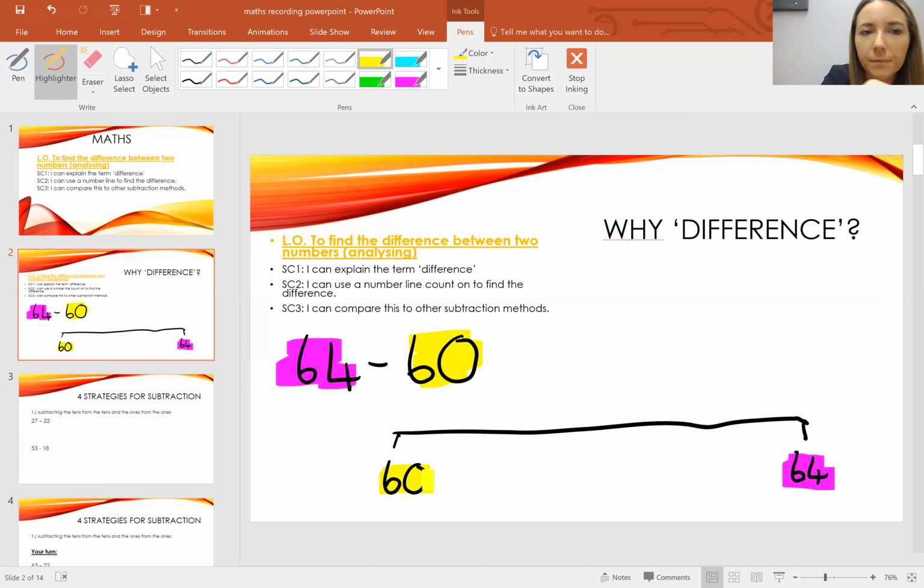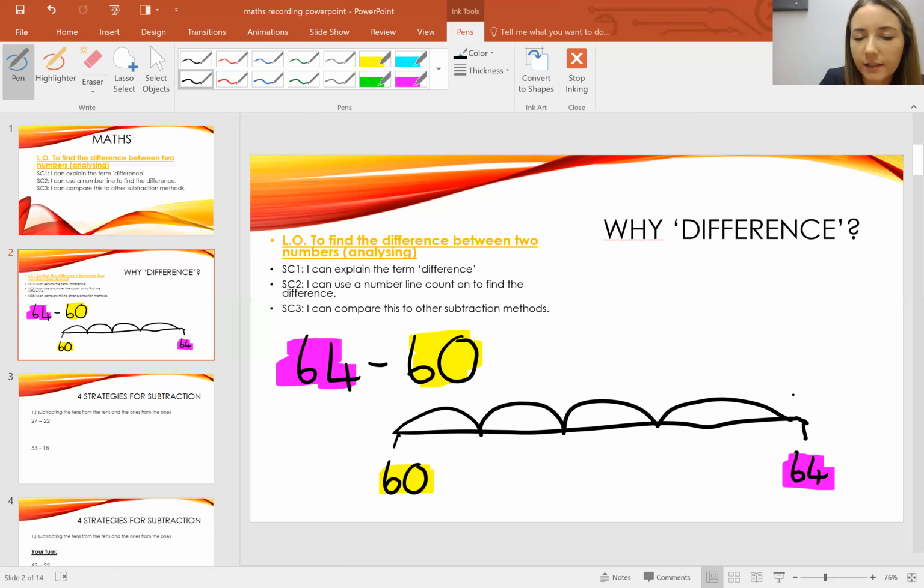How many numbers are between them? We know that the numbers between them are 61, 62, 63, 64. So there's 1, 2, 3, 4 numbers between them. So the difference between 64 and 60 is 4.